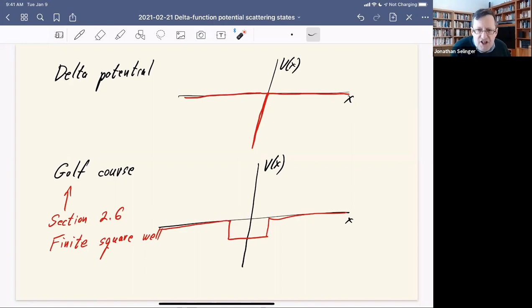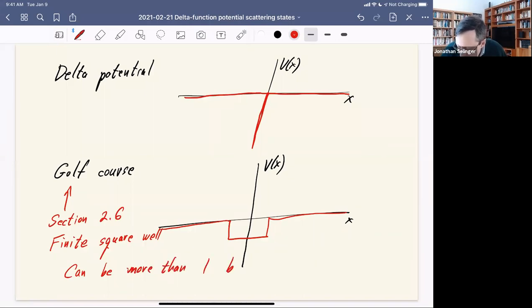It's basically similar to the results from the delta function potential. The main difference is that there can be more than one bound state, depending on how wide is the potential well and how deep is the potential well compared to the energy of the particle.